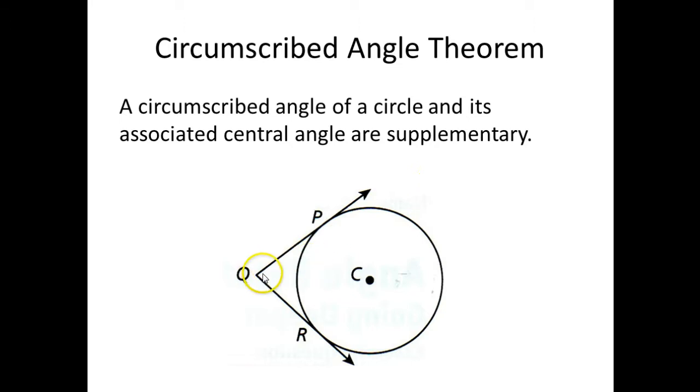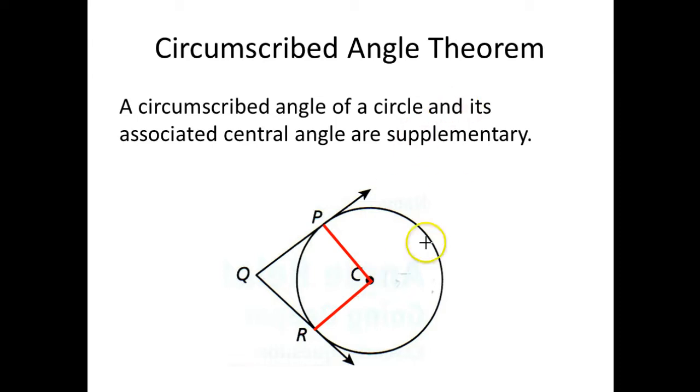So, notice by definition, angle Q is a circumscribed angle, whereas angle C, if I draw in the radii, CP, and the radius CR, angle C, therefore, we refer to as a central angle.